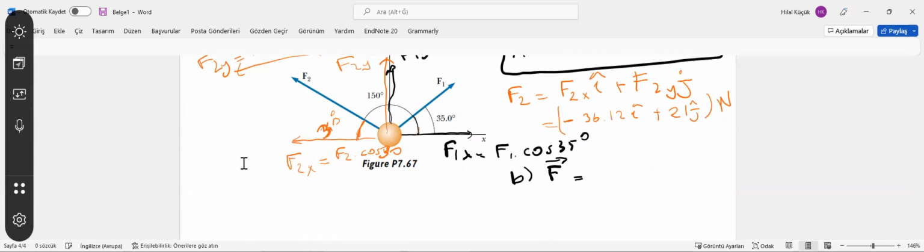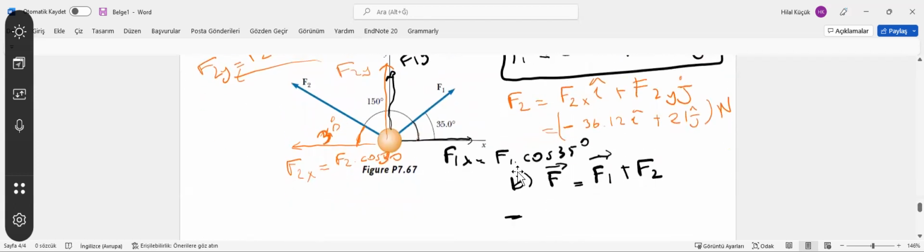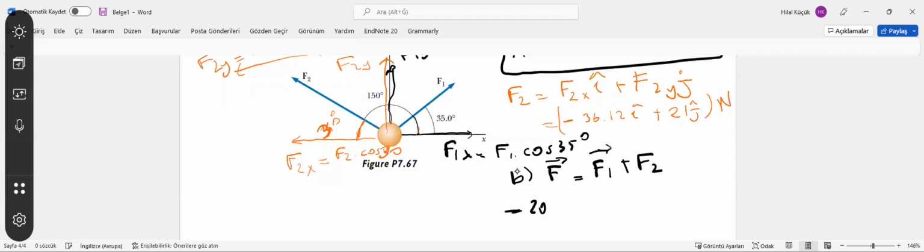It is easy if you have the unit vector forces, just sum that part. F1 plus F2. Just sum like that. F1, what's the F1? 20, I don't want to say plus.